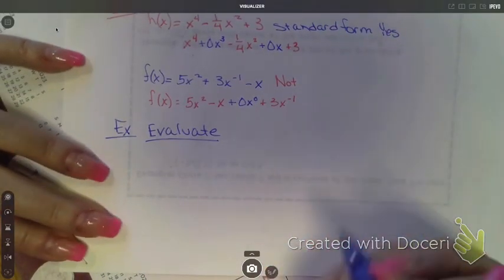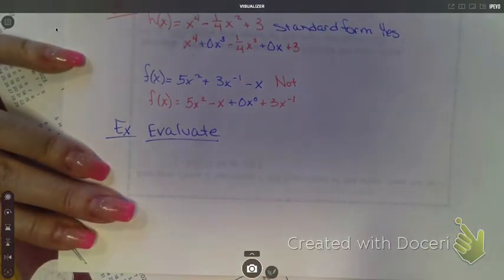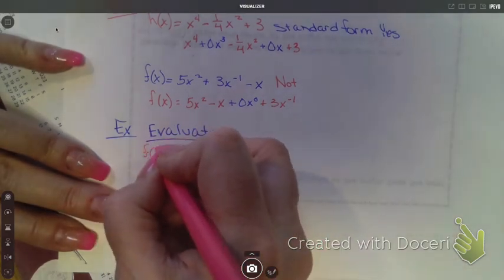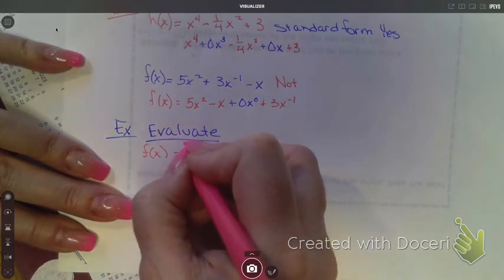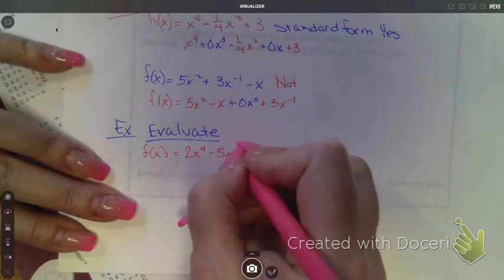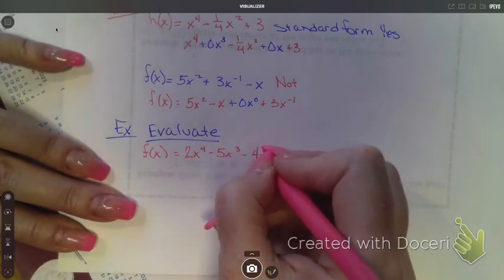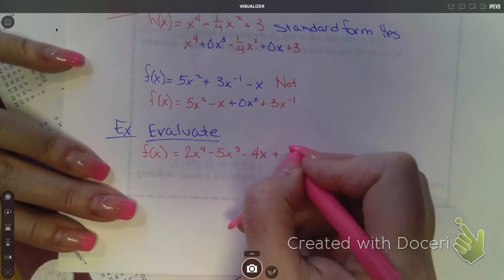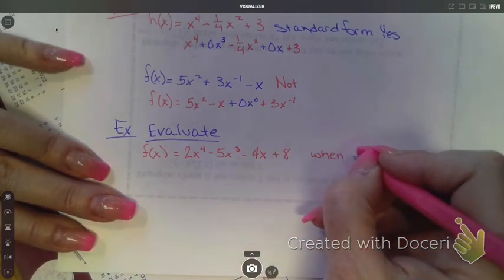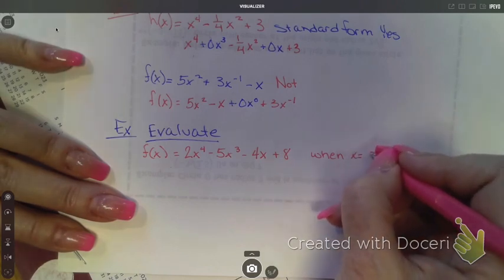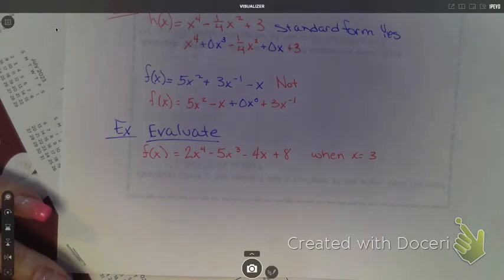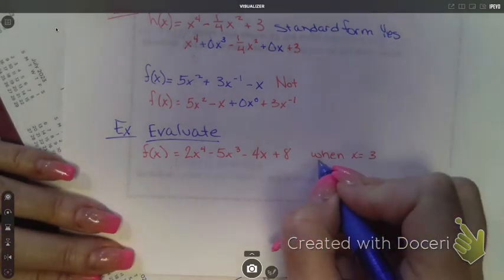It just might be a little bit different how they write it. It says evaluate f of x equals 2x to the fourth minus 5x cubed minus 4x plus 8 when x equals 3. So evaluate means find an answer, yes? What do we have to do when x equals 3?